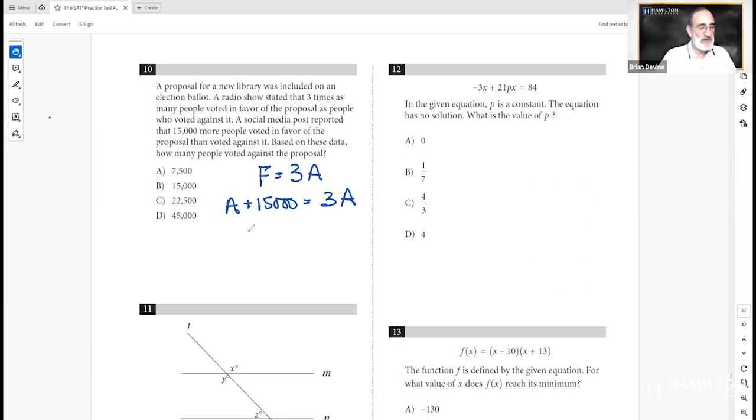And so if we look at that, then 15,000 has to equal 2 times against. So against would be 7,500, which means that A is the correct answer.